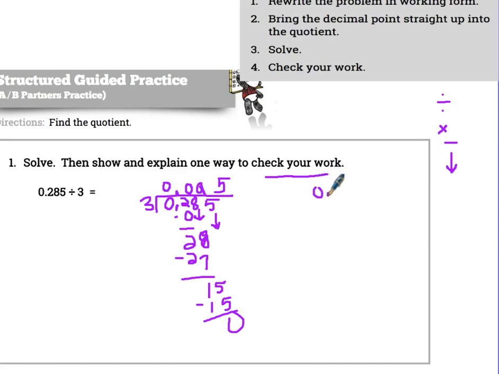So if I have 0.095 and I multiply this by 3, let's see what we get. 15, carry the 1. 27, one more is 28, carry the 2. 3 times 0 is 0, plus 2 is 2. 0 times 3 is 0. I have 1, 2, 3 numbers after the decimal place. And I got my answer back.